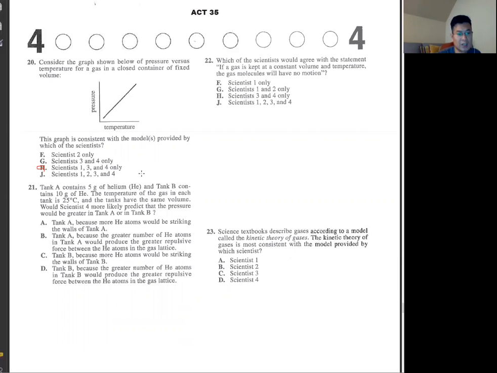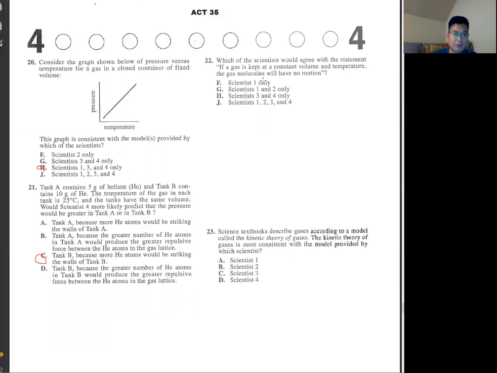So if you have more helium inside the same container, it builds up more pressure. That's why it has to be tank B, because they're pushing the wall itself. That's why it's C.